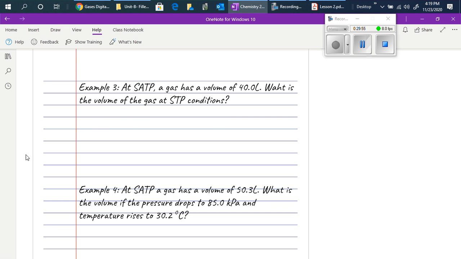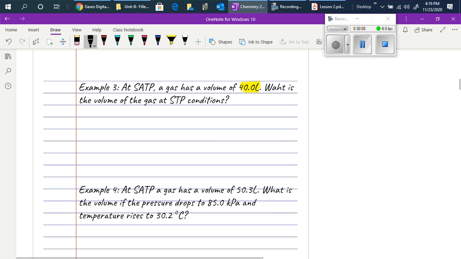Okay, let's move to another example where we have STP and SATP. The only thing that is given here is the volume. But we know what SATP and STP conditions are. So again, this is why having that in your data booklet will help you.